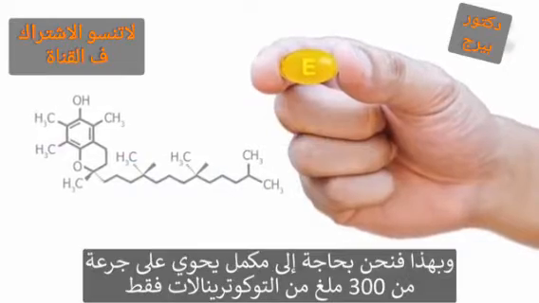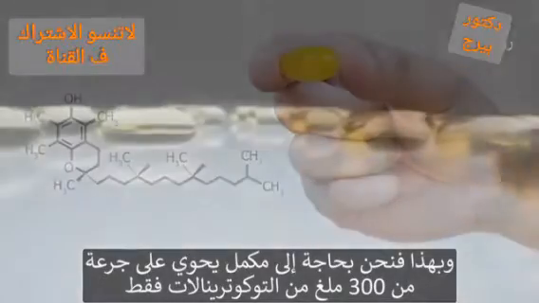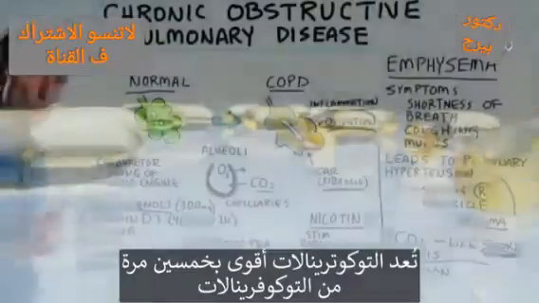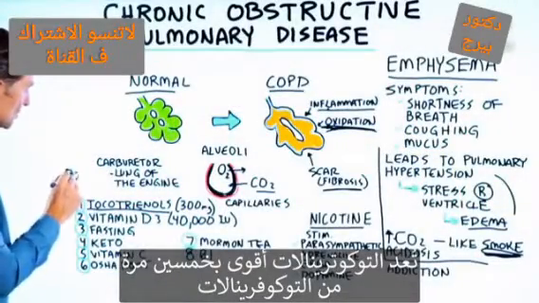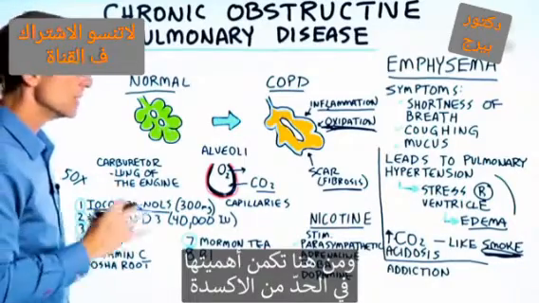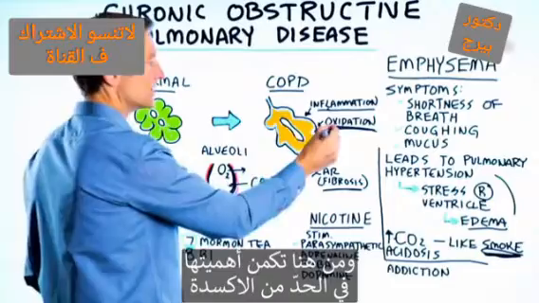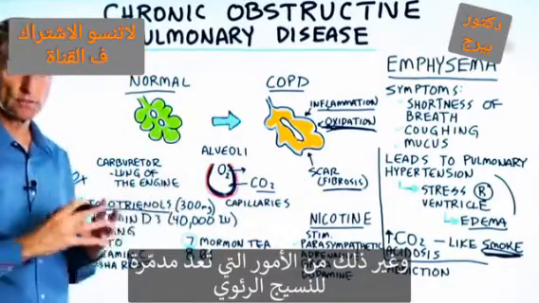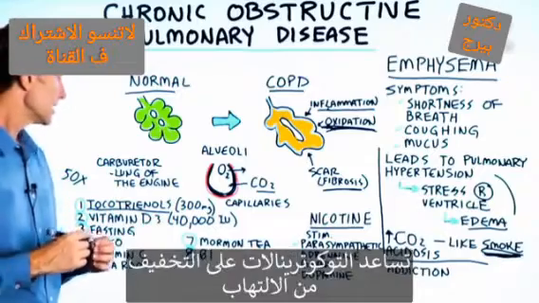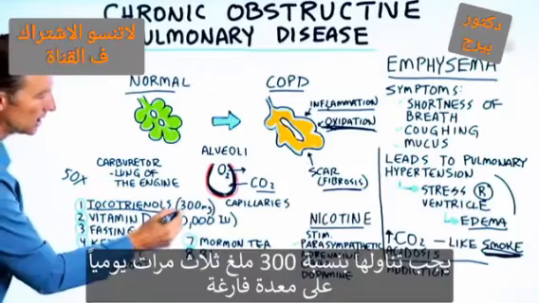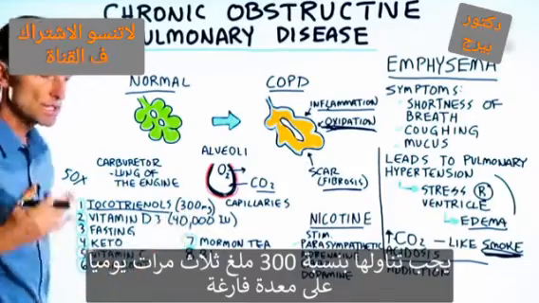So you want to get a supplement that has a dosage of about 300 milligrams, okay, of tocotrienols only. Tocotrienols are 50 times stronger than the tocopherols. So it's going to really help you reduce this oxidation and other things that are very destructive in the lung tissue. So your inflammation is going to come way down with tocotrienols. And I would take 300 milligrams, I would take that 3 times a day.